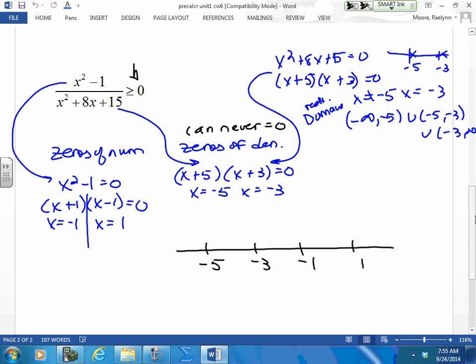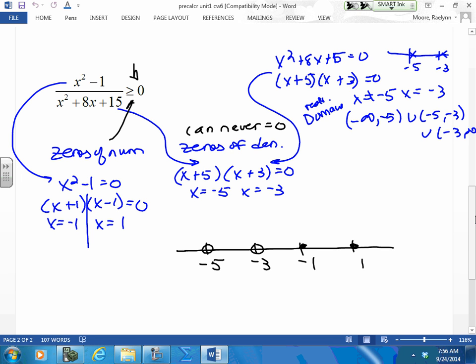So these roots will have to be open because we can't use -5 or -3. So the denominator is always open roots. The numerator depends on whatever that inequality sign is. If it has an equal, then we close these. Okay?